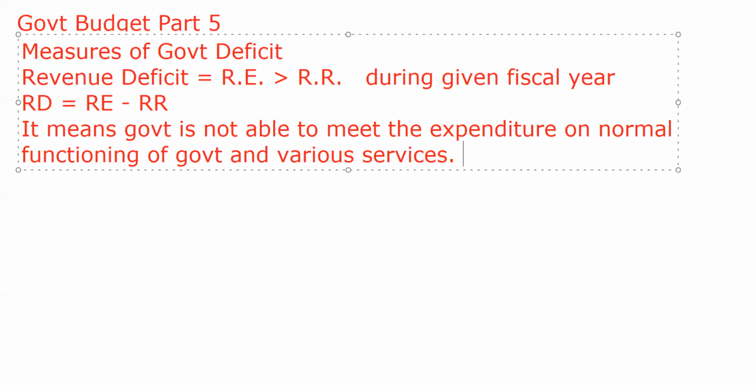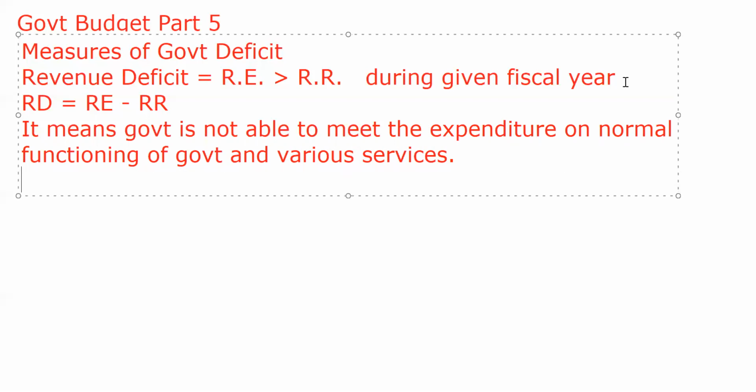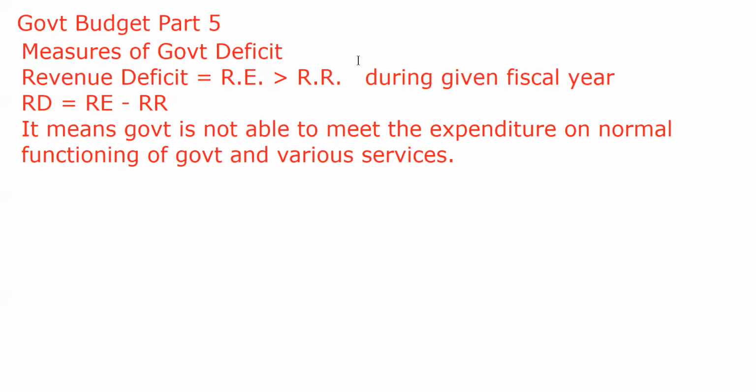Now, what are the implications of revenue deficit? Now we'll discuss the implications. Number one, the first implication of the revenue deficit is that it shows the inability of the government to meet its regular and recurring expenditure in the proposed budget.